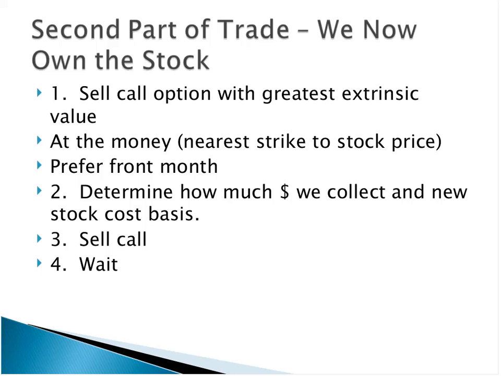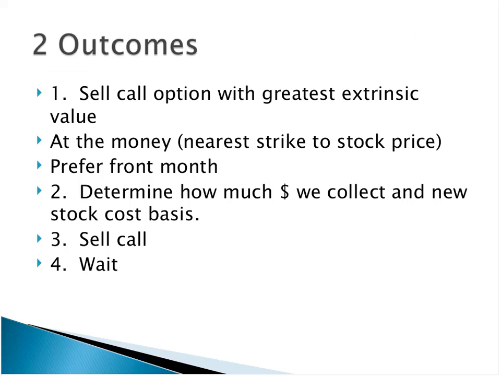Whether you're calculating a yield when you're selling the put, for example, or in this case, figuring out your new cost basis, all you have to do is do the math. It's not necessary for you to know the implied volatilities, or betas, or vegas, or any of that stuff. So we've got a stock, and now we sell an at-the-money call, and we simply wait.